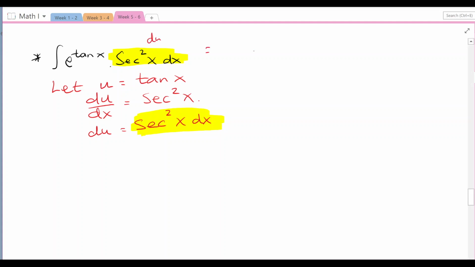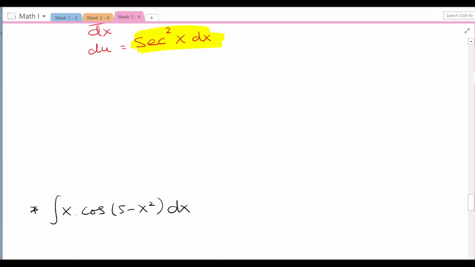So this equation becomes e to the power of u times du. The integral of e to the power of u is still e to the power of u plus c. Because u is tan x, this is e to the power of tan x plus c. That's our final answer for the problem.